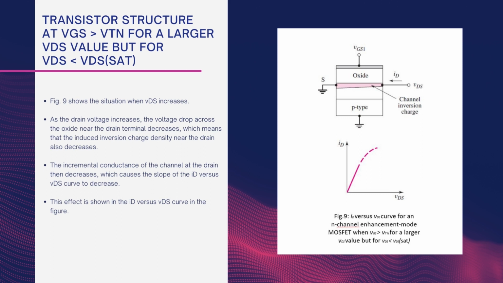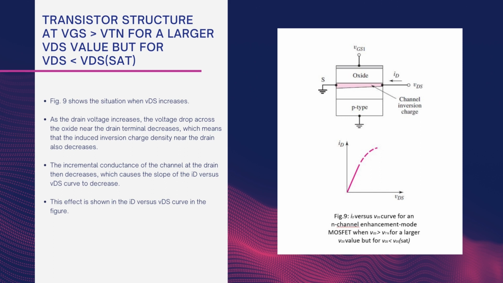This effect is shown in the VDS ID curve. So, this is the condition when the gate voltage is greater than the threshold voltage and VDS is less than VD saturation. Now, we can see there is a change in the curve as well as a modulation in the channel inversion layer.